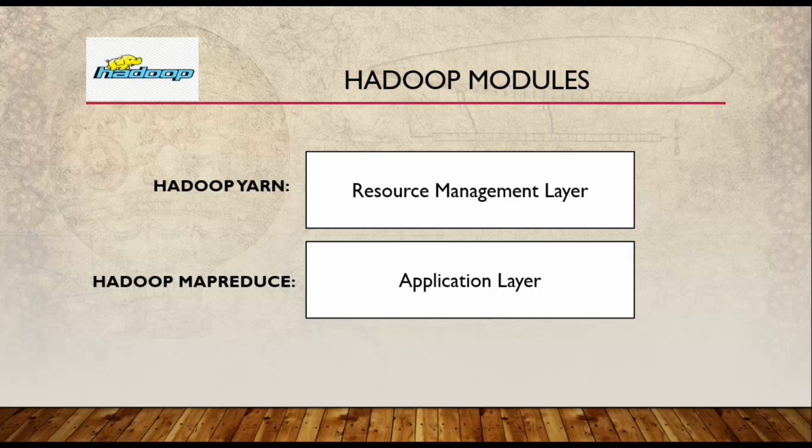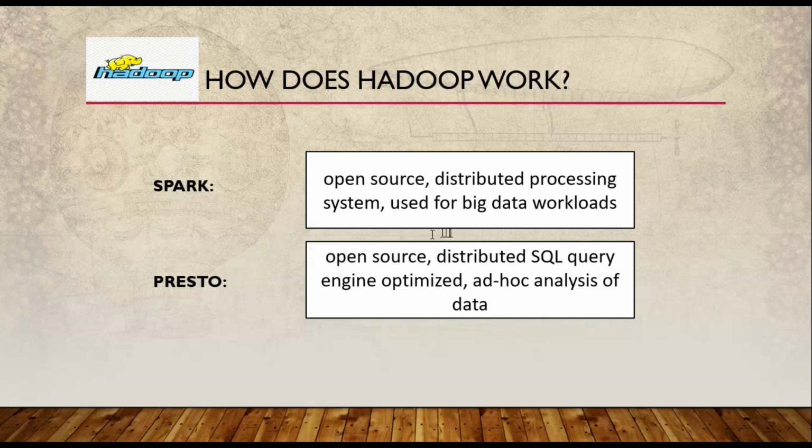The map task takes input data and converts it into a dataset that can be computed in key value pairs. The output of the map task is consumed by reduce tasks to aggregate output and provide the desired result. We will discuss these modules one by one in my coming videos.